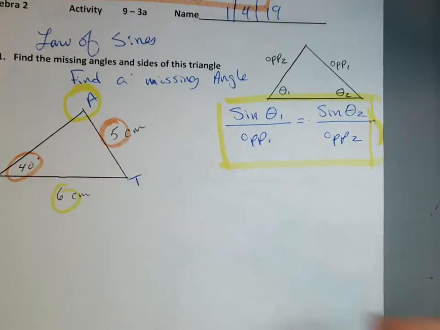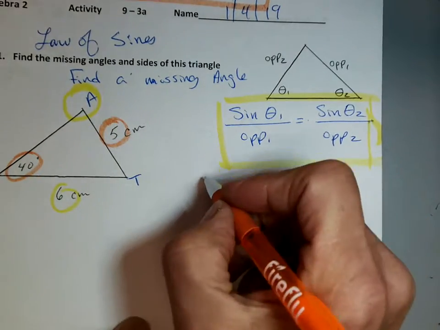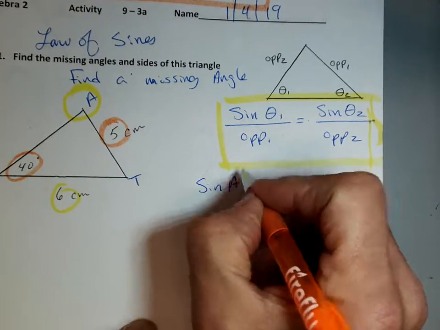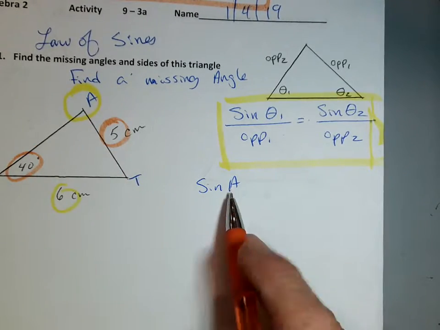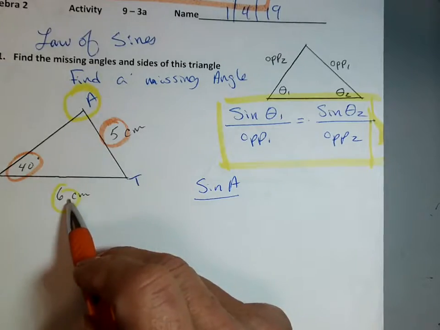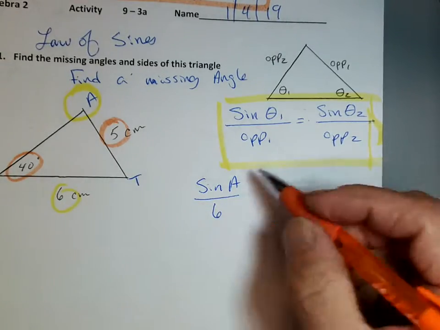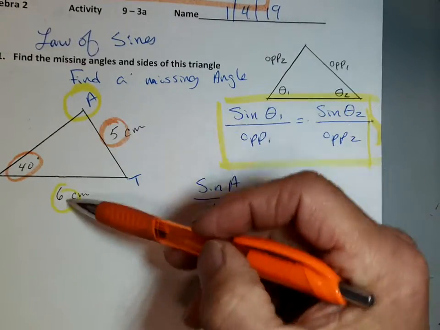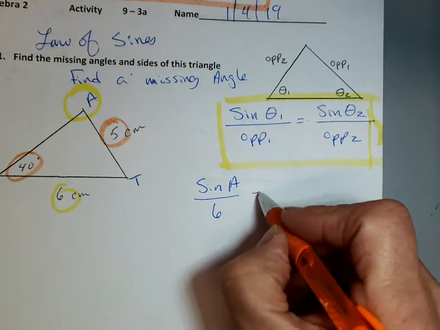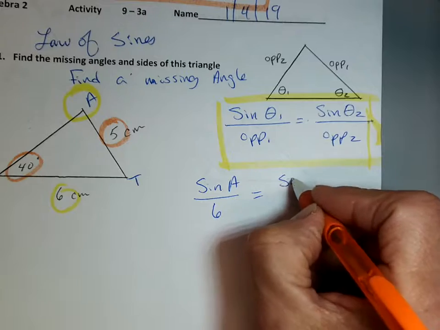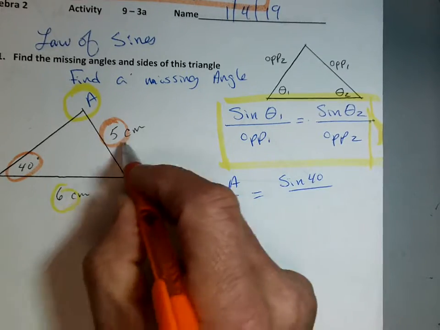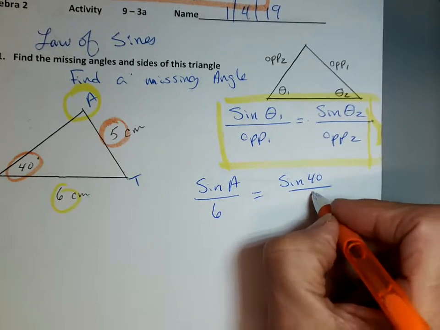So I'm going to write sine of angle A over its opposite side, which is 6, equals sine of 40 over its opposite side, which is the 5.